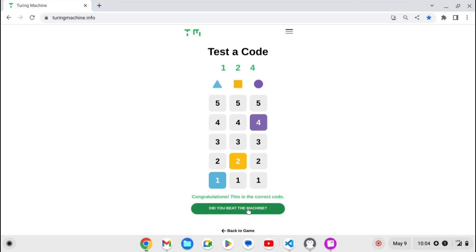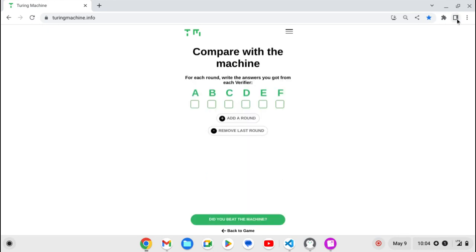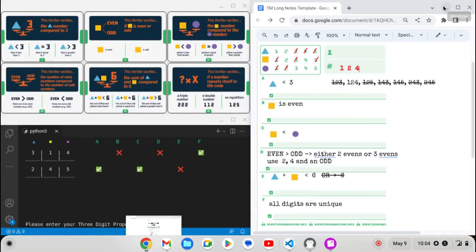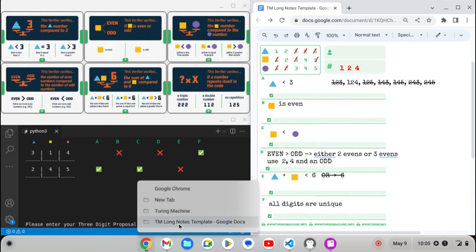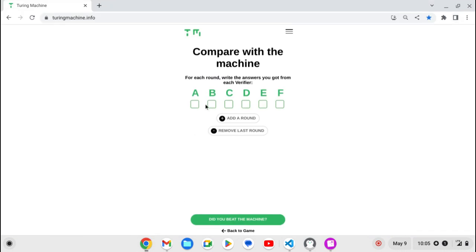Okay, now here's the real test of our deduction. How did we do compared to the Turing machine? So let's actually go back to our puzzle site and see how we responded. So in the first turn, we used criteria B, D, and F. B, D, and F was correct.